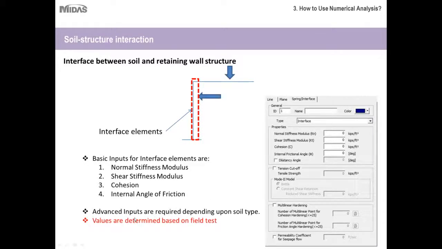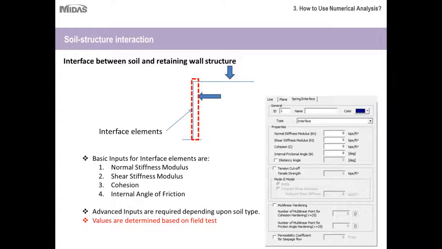But if you're dealing with a complex soil type, like clay or unconsolidated soil strata, you have to perform some detailed field tests and determine other parameters as well. But one thing is confirmed: these values are obtained directly based on the field test, and you have to perform different field tests depending upon the backfill material.